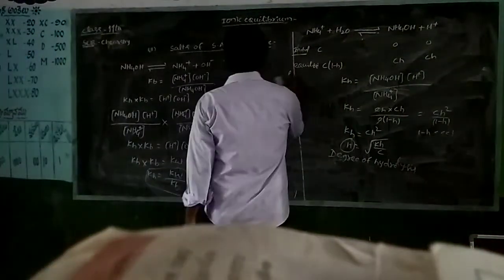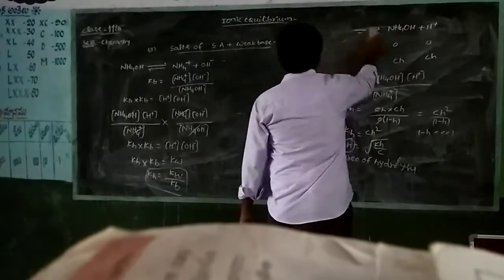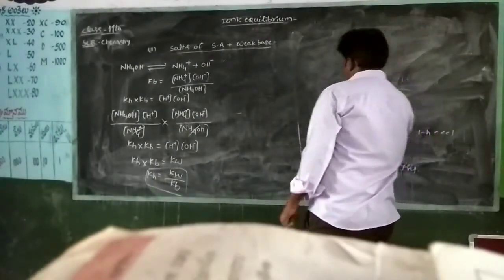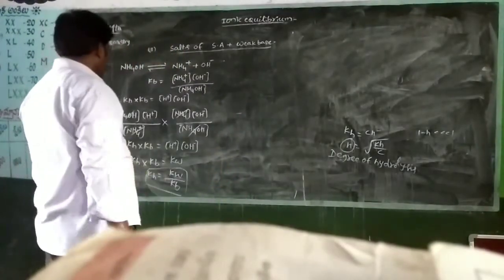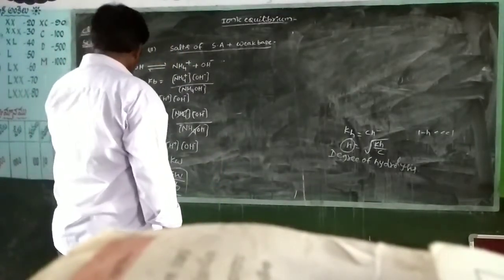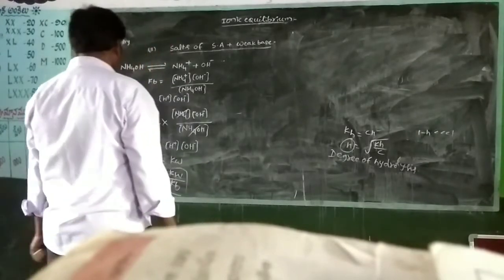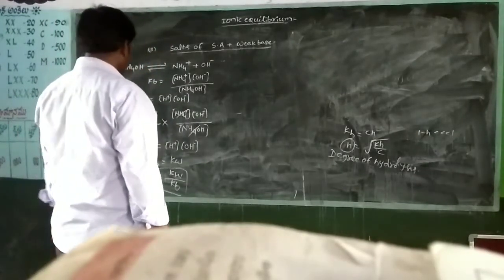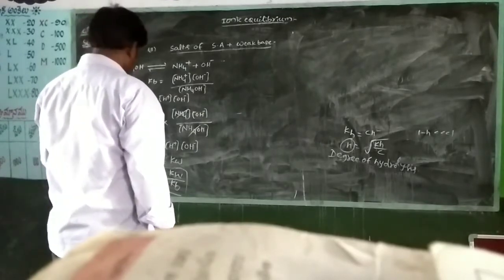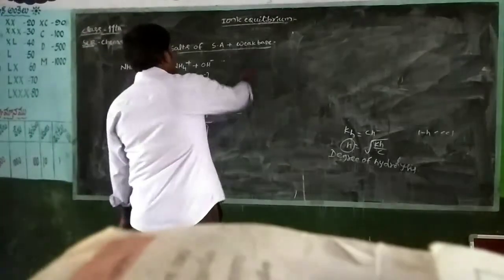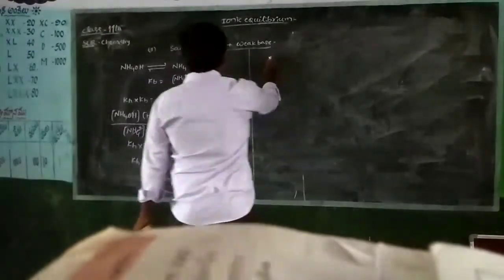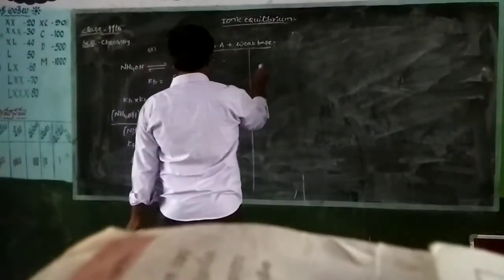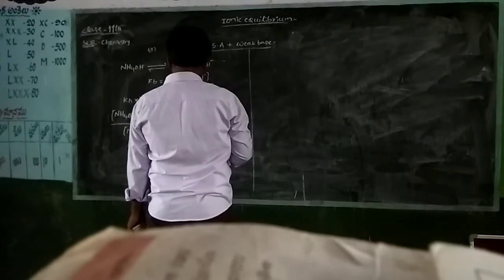Okay? And next, you can find the pH values. You find the H plus concentration, and H plus and OH minus concentration is Kh into Kb is equal to Kw. Kh is equal to what? Kw by Kb. Okay, H plus and OH minus concentration is equal to Kw.